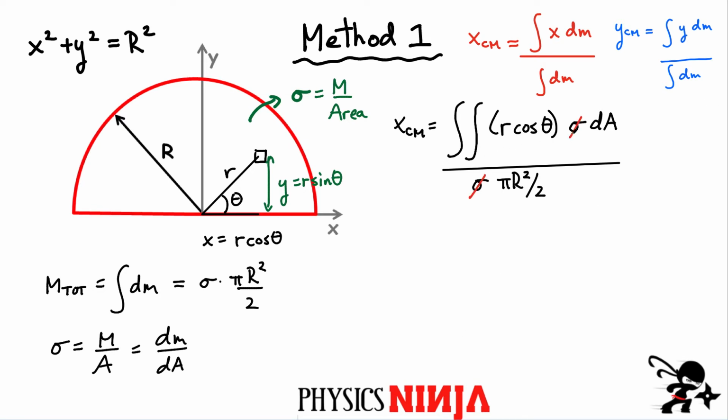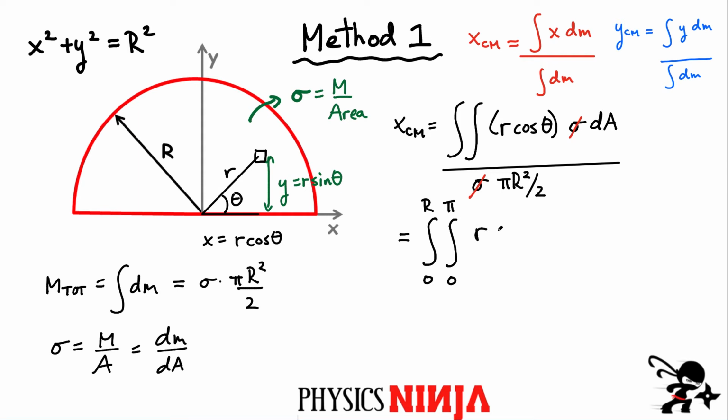So now all we have to do is substitute in what this little bit of area is. And we're dealing in cylindrical coordinates here. So I'm going to be integrating r from 0 all the way to the radius of the semicircle. And the angle now gets integrated from 0 all the way to pi. Not all the way to 2 pi, because I'm only going 0 to pi in this case.